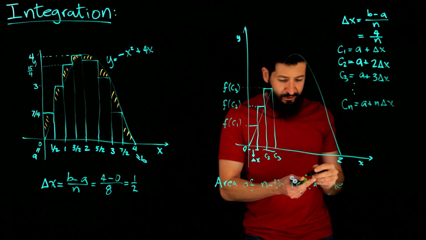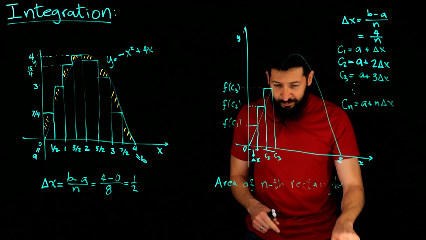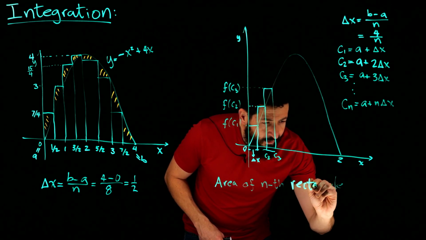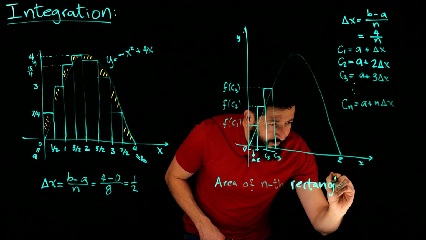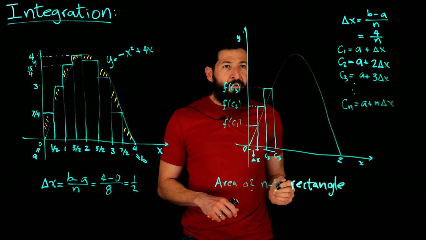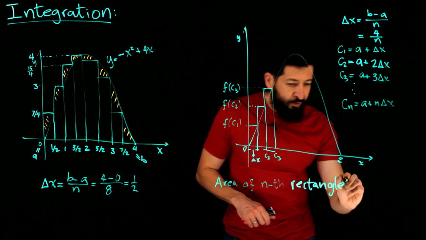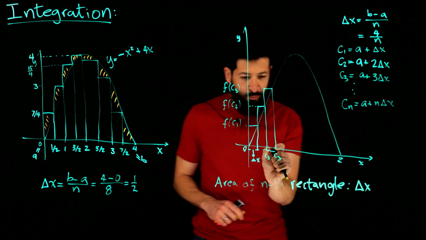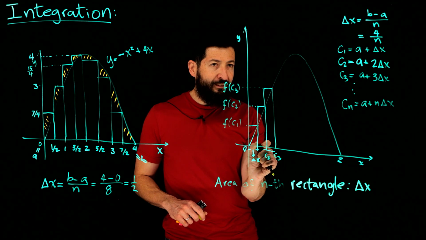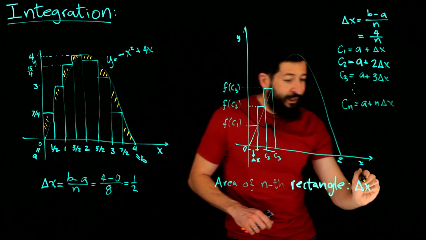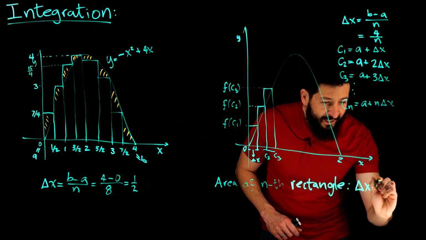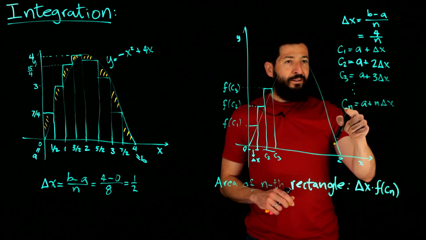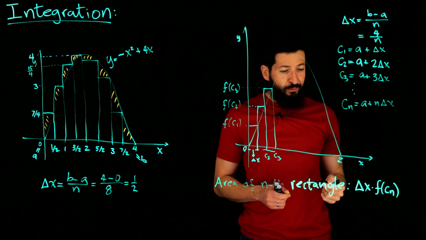Let me change my marker. The area of the nth rectangle is going to be given by the width, which is always delta x, because each one of them, I'm picking them to be delta x, delta x, delta x, times the height. And the height, I told you, is going to be f of Cn, f evaluated at each one of the endpoints.